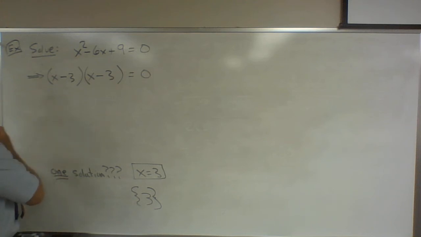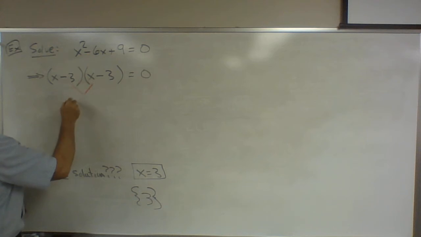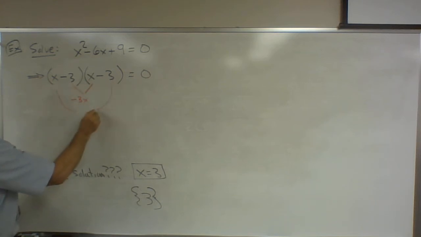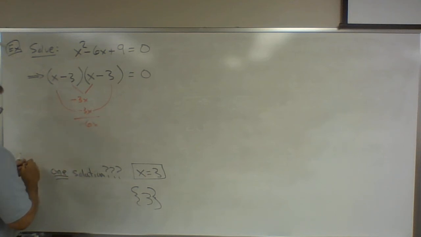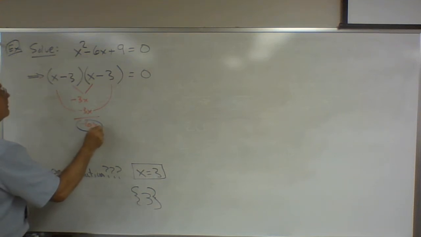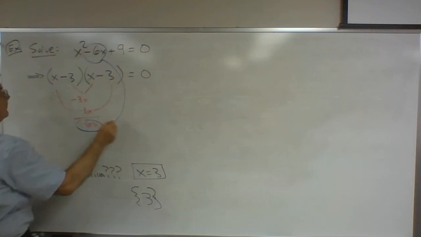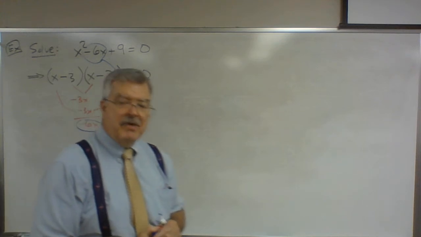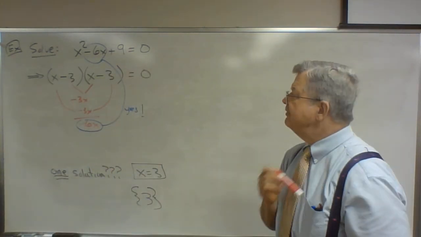Does this work? First of all, let's see. Multiplying these two together gives us negative 3x. Multiplying the first and the last together gives us negative 3x. And we add them together and we get negative 6x, which is our middle term. We've done everything right. Our factorization is correct.